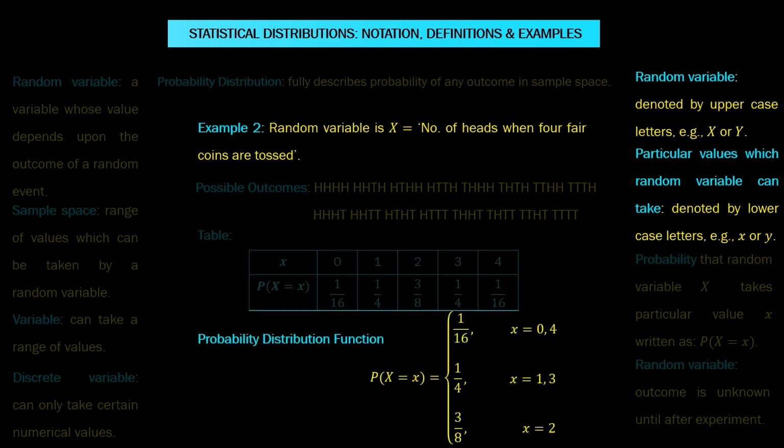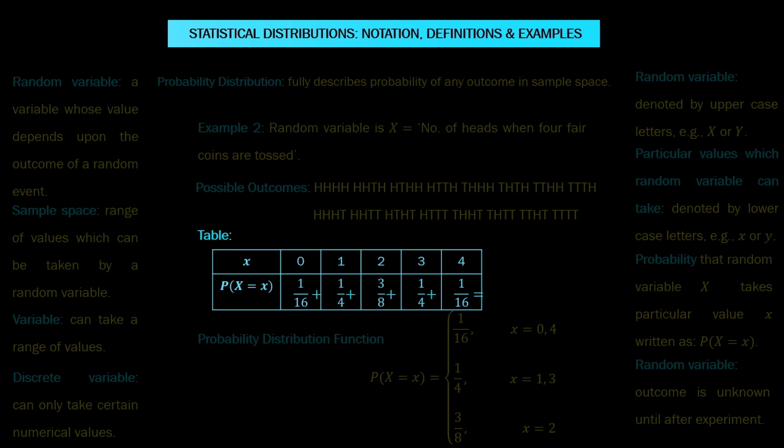The probability distribution function puts the capital X and the little x together as shown here. Of course, another key point is that all the probabilities added up together give us 1, as shown.